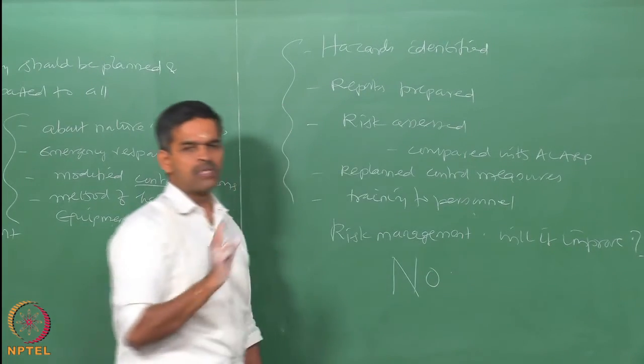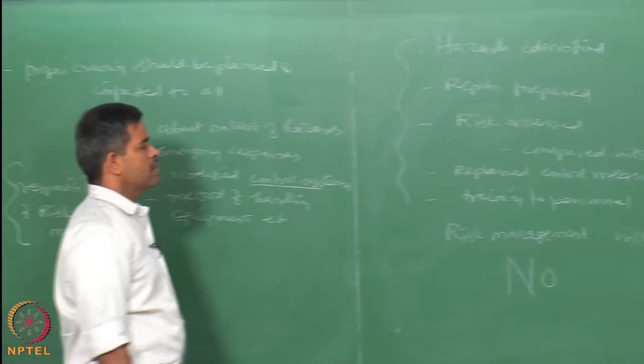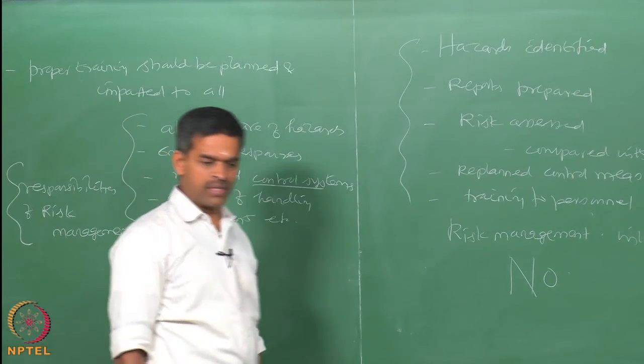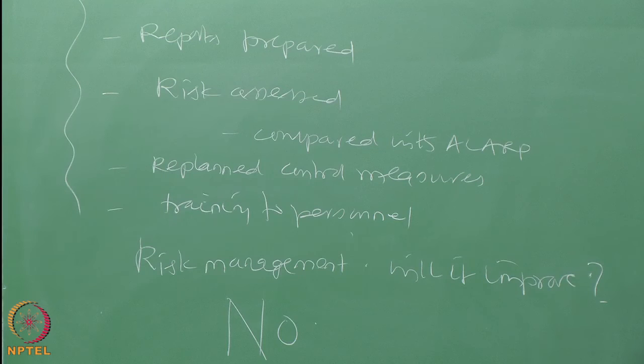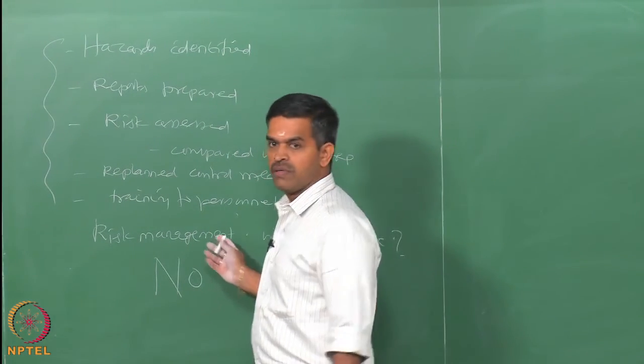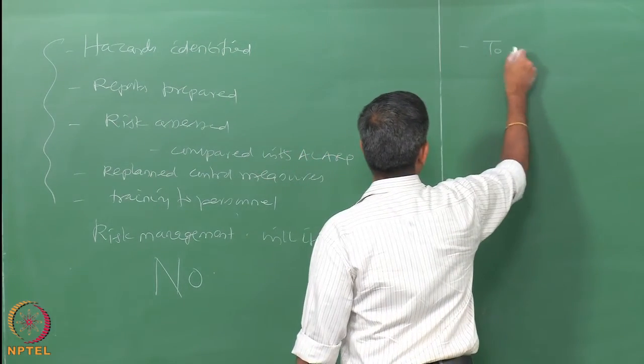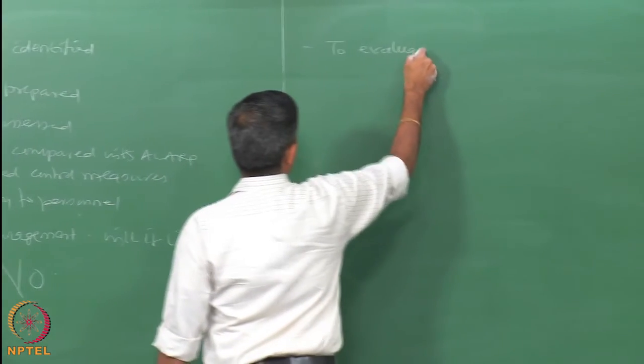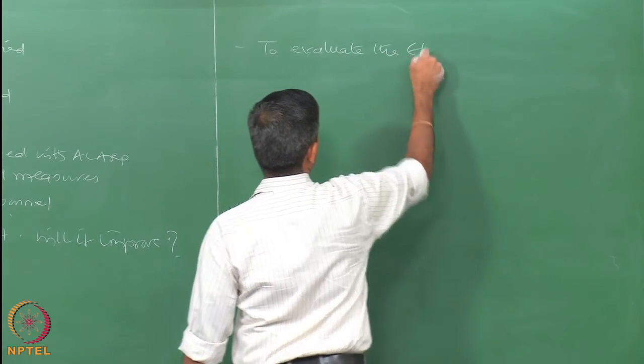There is one more important step to ensure that the risk management is successful. What is that? The most important step or stage to see that the risk management is successful is to evaluate the effectiveness of the risk management program.